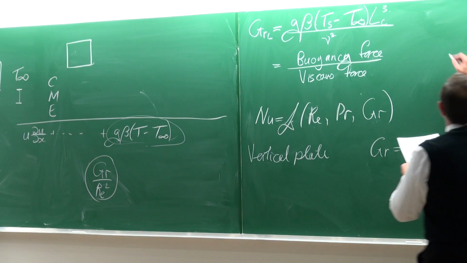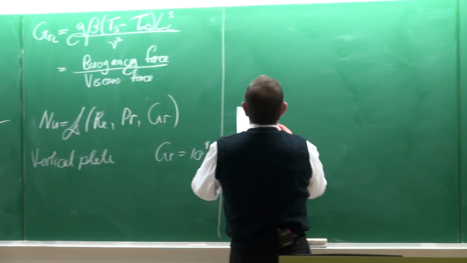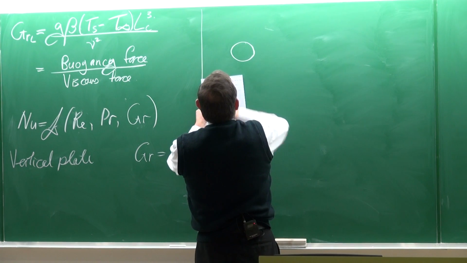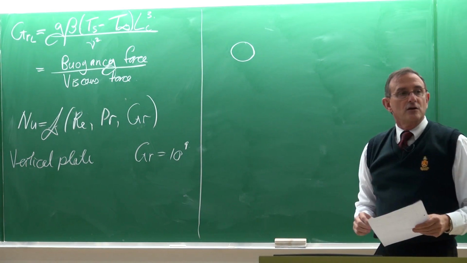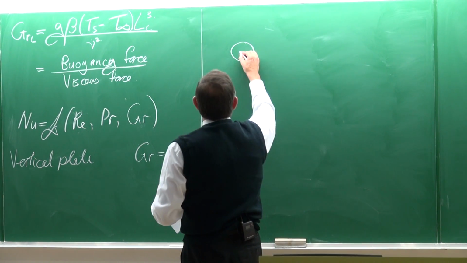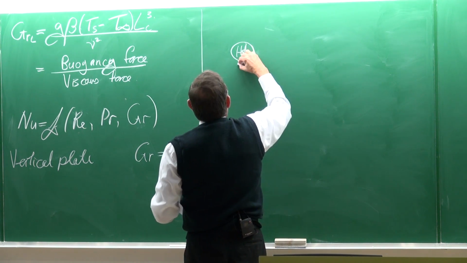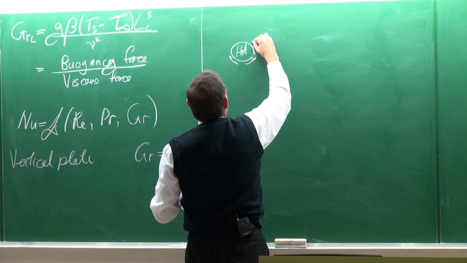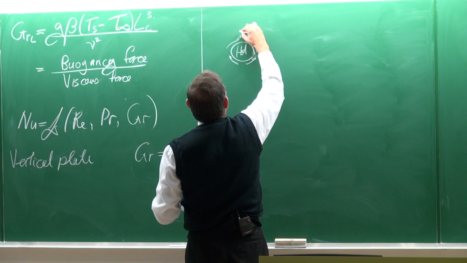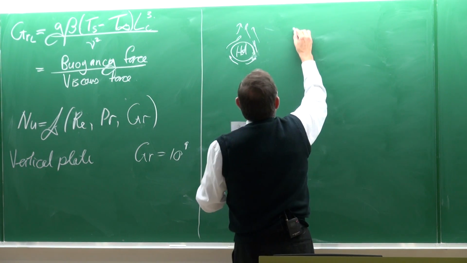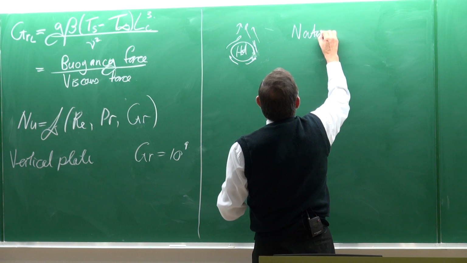So let's look, for example, at a case where we've got a cylinder or a sphere. It is being heated, so it is hot, and the flow around it would do something like that. Then the flow would be a natural convection problem.